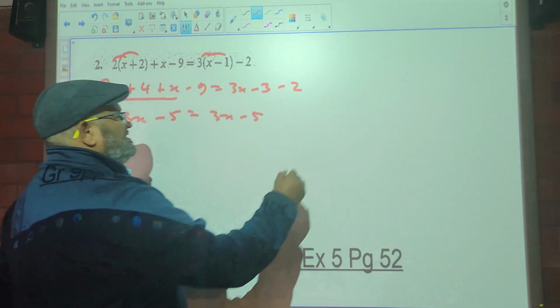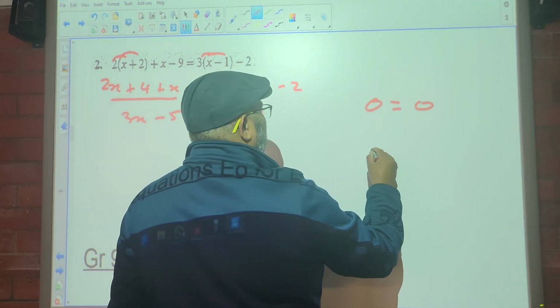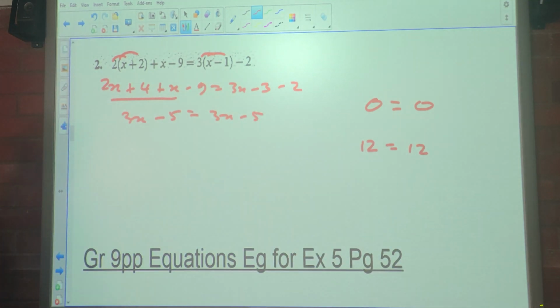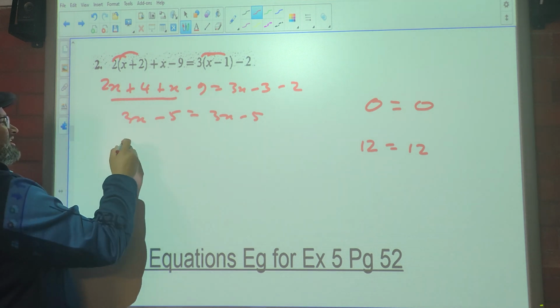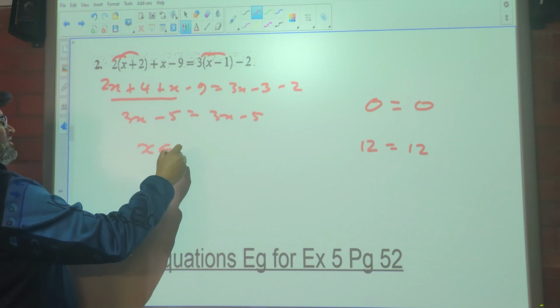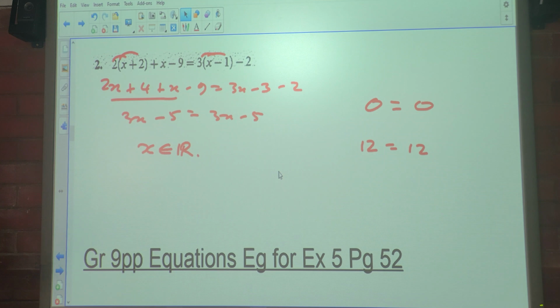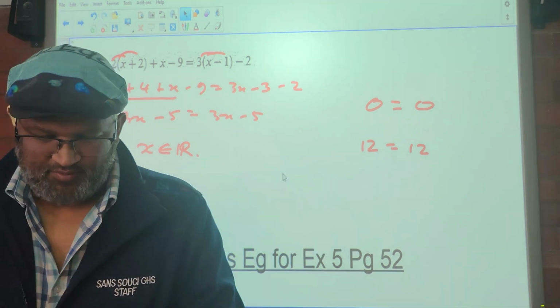Later on, when you see 0 is equal to 0, or 12 is equal to 12, that is all identities. Left hand side is exactly the same as the right hand side. So this is what we call an identity. And to answer this, we say x is an element of all the real values. So all the real values will satisfy this equation. That is just a side note before we go into word problems.